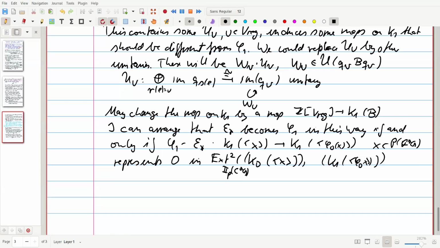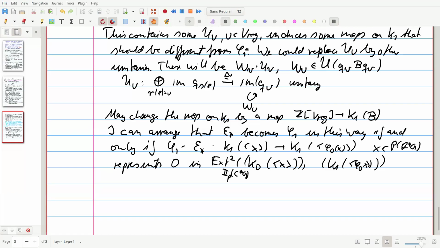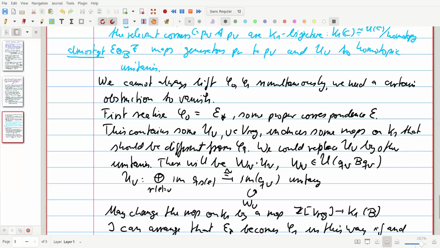So what we have found is now that we need this obstruction class in this X2 group to vanish. This happens if and only if we can realize both phi 0 and phi 1 at the same time by a proper correspondence. And when we can do that, this argument I wrote above in blue can now be realized.